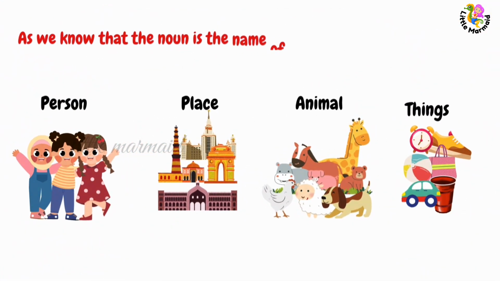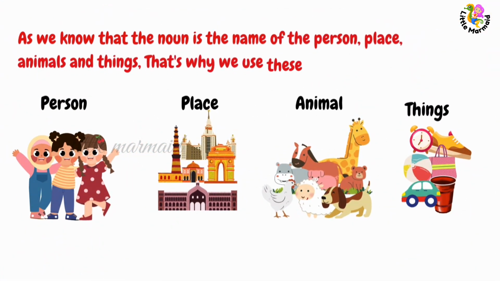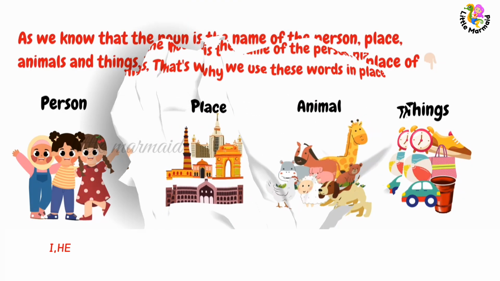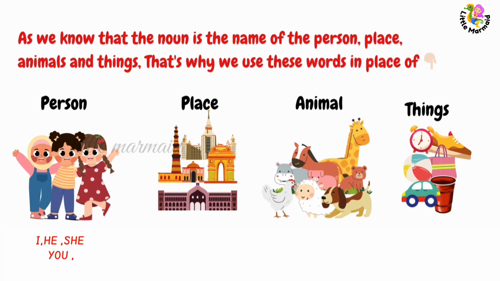As we know, a noun is the name of a person, place, animal or thing. That's why we use these words in place of a person, place, animal or thing. For a person, the words that can be used instead of the noun are I, he, she, you, we and they. For a place, we can use it.